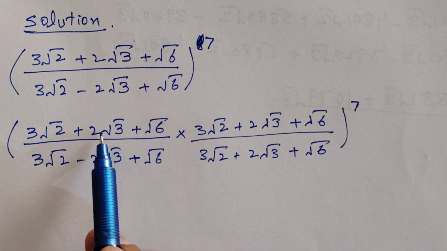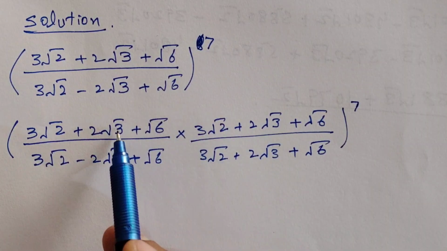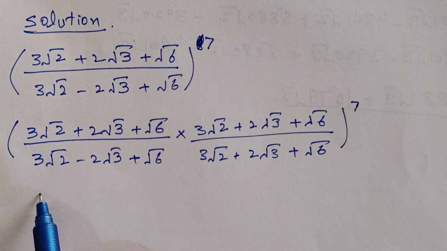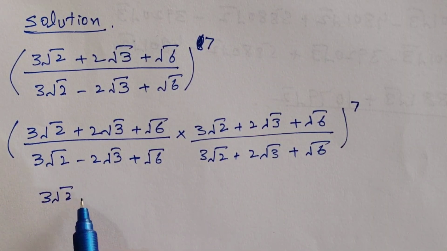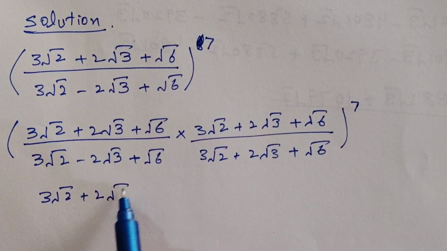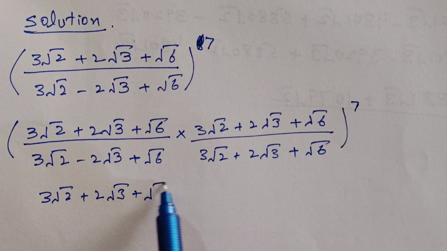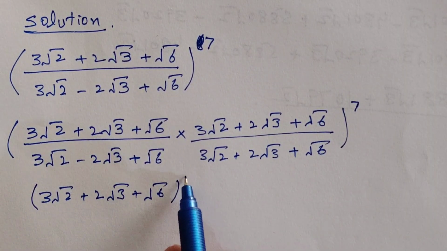When we multiply, both numerators are the same, so we make them a square, plus square root of 6 square.